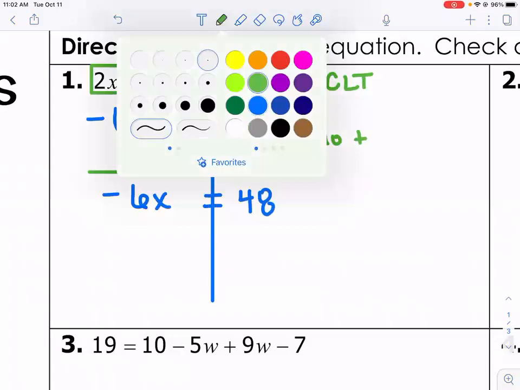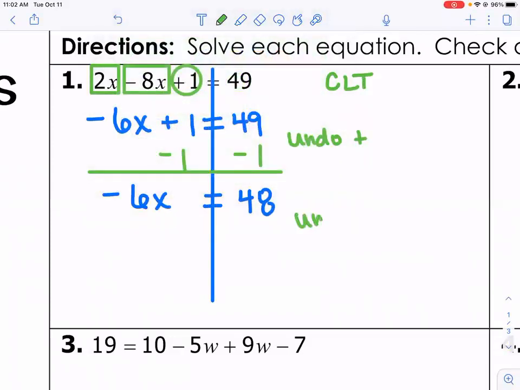Okay. Brady, what's our next move? How do I get x by itself? What do we need to do? How is negative 6 tied to x? What operation? Okay, and to undo multiplication, what operation do we use?